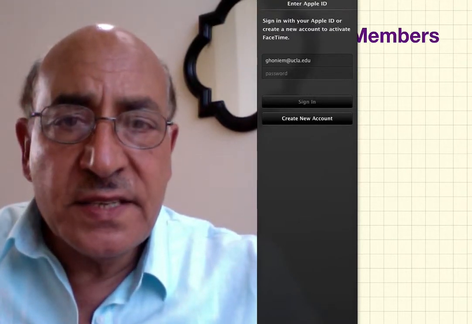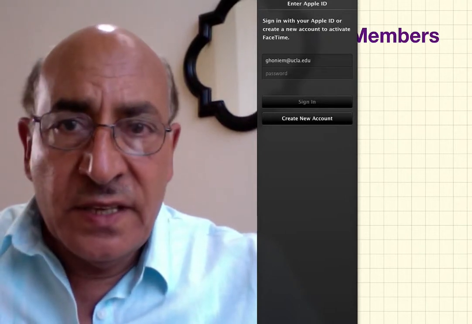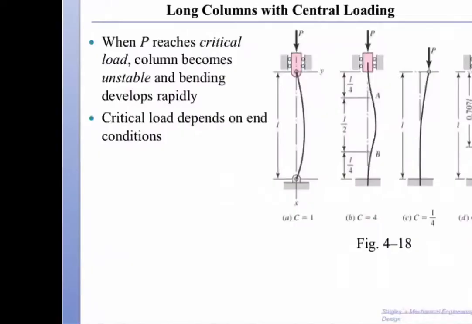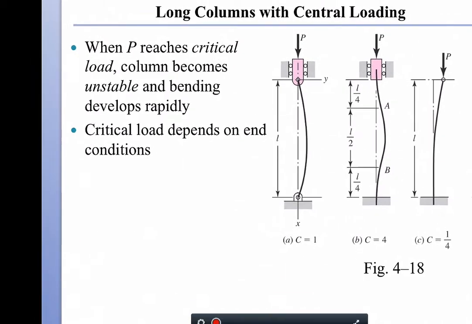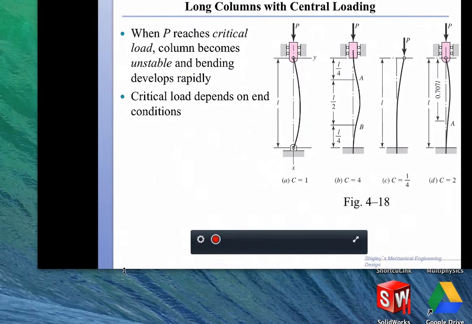In these cases, we are interested in understanding buckling of compression members, and those members can have a variety of possibilities, and they can have different end fixity effects, as you will see here.